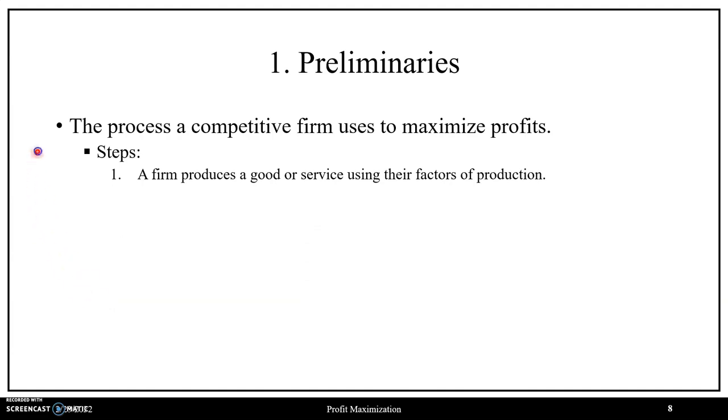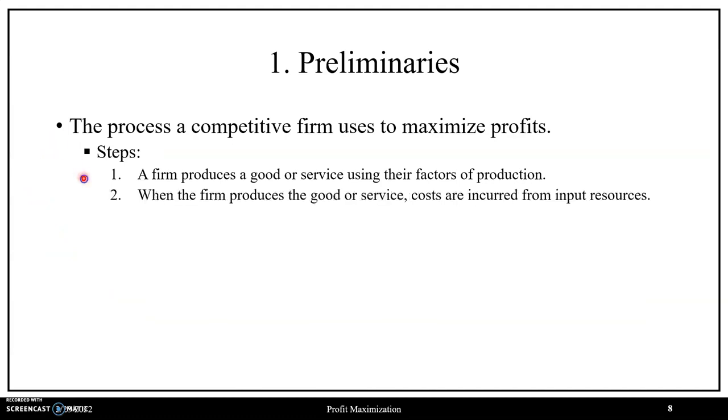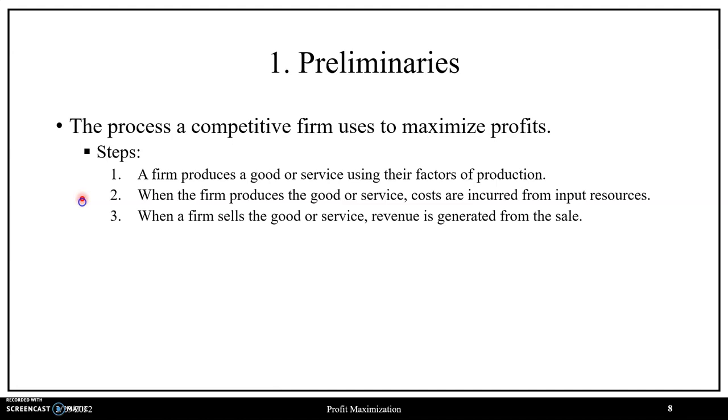So then with this information, the process that a competitive firm will use in order to maximize profits is that they will produce goods and services using their factors of production, where when they produce those goods and services, they will incur costs from their input resources, and when they sell the goods and services that they produced, revenue is generated from the sale, where the difference between revenue and costs is going to be profits, where so far this is nothing new.